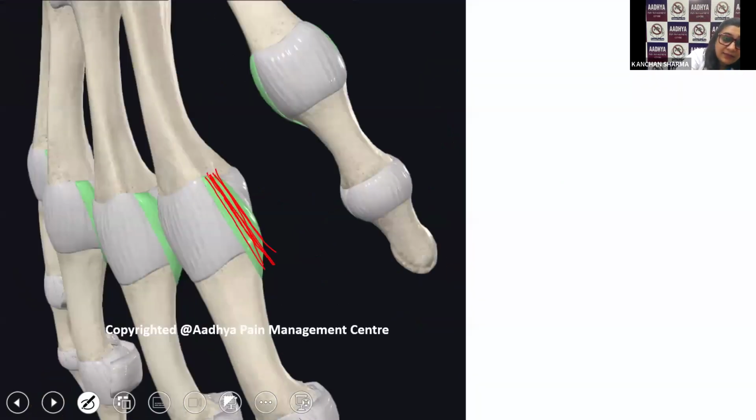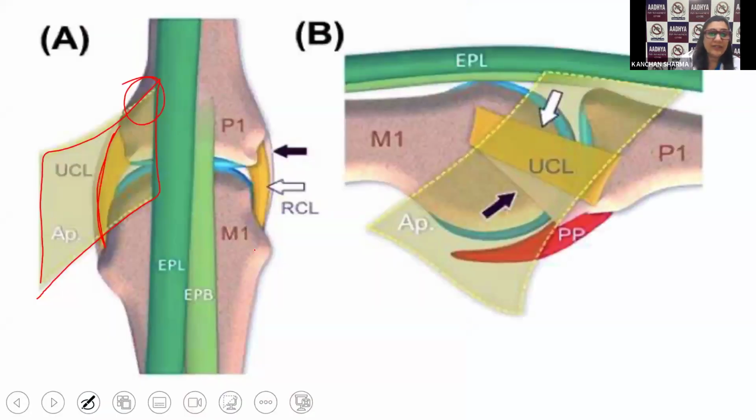Then these are the radial collateral ligaments of the fingers. Then you have a ligament, it is just with the name. It is just holding these two bones in place and maintaining the stability of these two joints. And so if there is a problem, there will be an instability of these joints, or if there is just an initial injury, which we'll be learning in the subsequent slides. So do not think that it is not important to learn these ligaments.